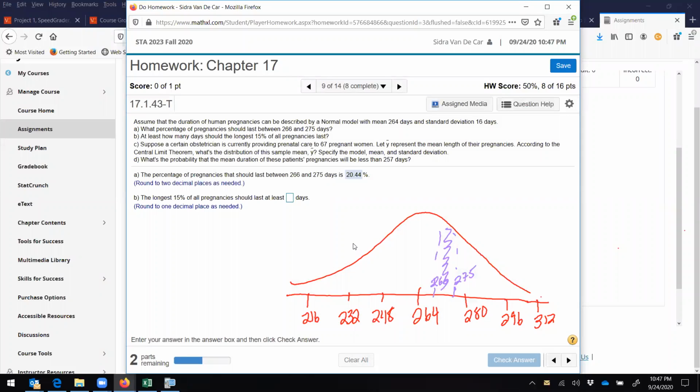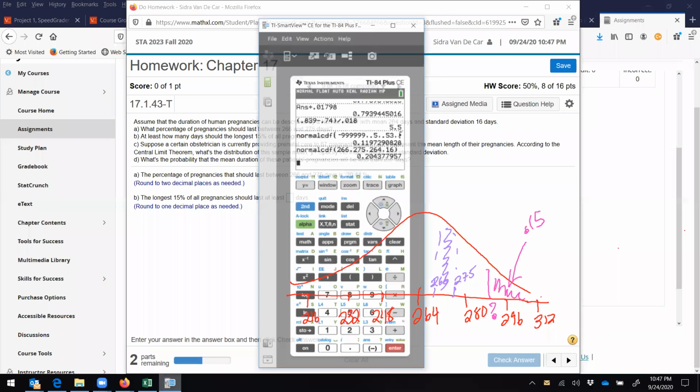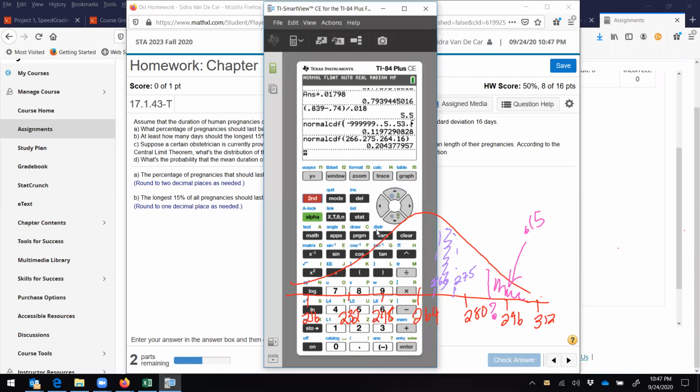The longest 15% of all pregnancies would be some number, who knows what it is or where it is, but this area here would be 0.15. So for that, we use the inverse norm key, right? When we're given the area, we use the inverse norm key. So option 3, plug in that area, 0.15.